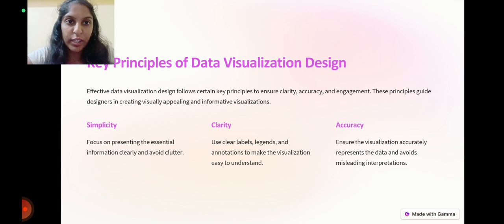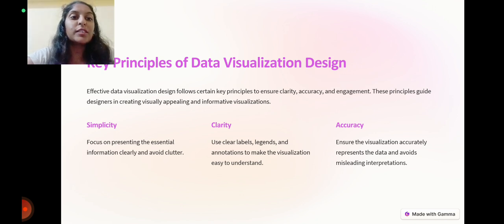It also helps for clarity, which means it uses clear labels, legends, and annotations to make the visualization easy to understand. Clarity means perfect and correct information. It gives the correct, perfect and clear information without any unnecessary data.